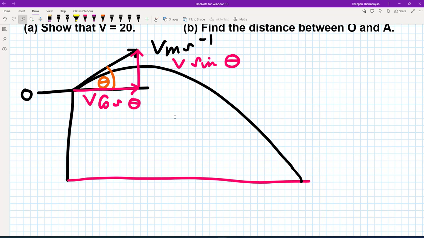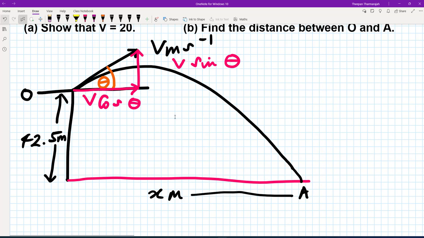Now we also know that this is 42.5 meters, as it's given to us in the question, and that this is the point A, and that the horizontal displacement is going to be x meters.